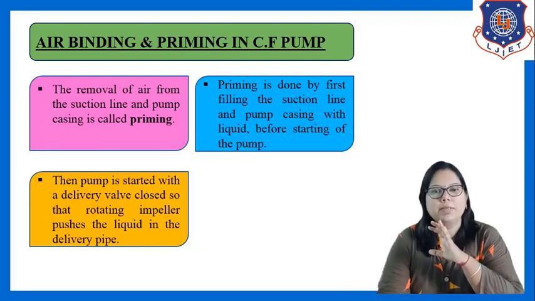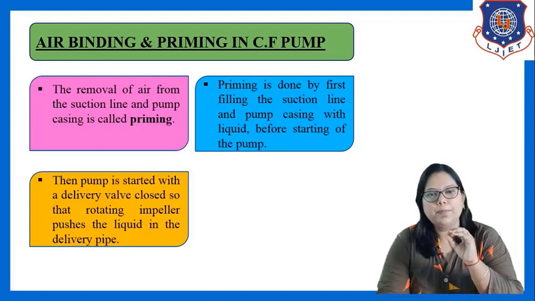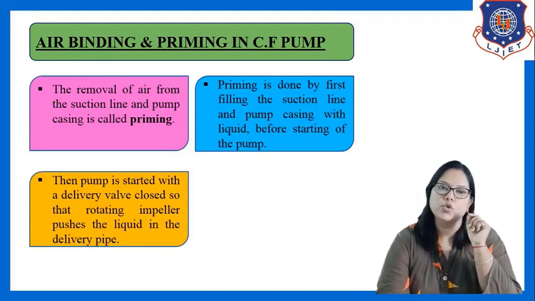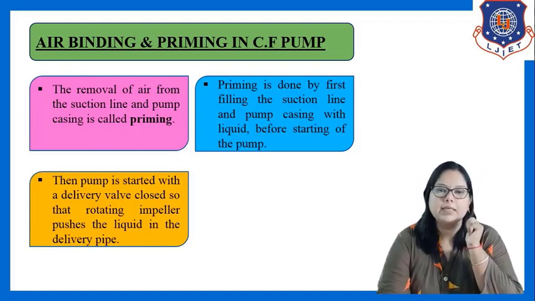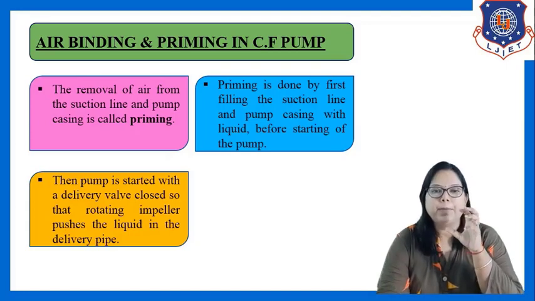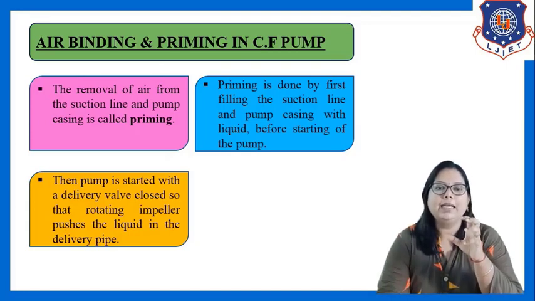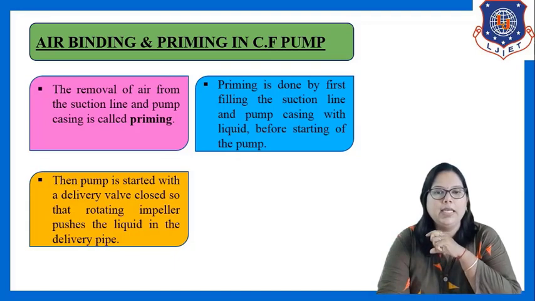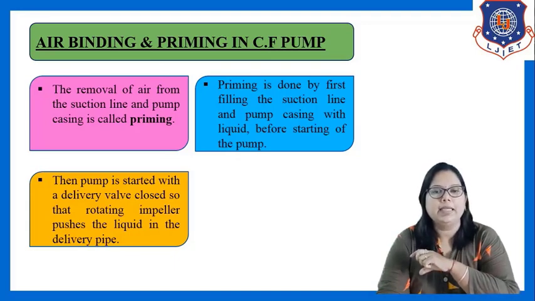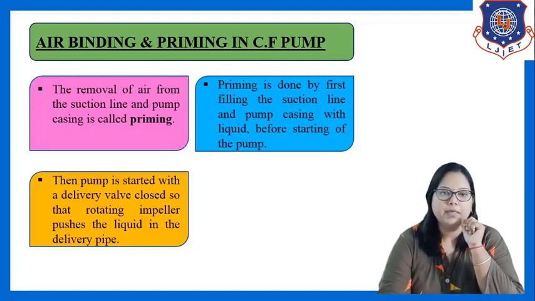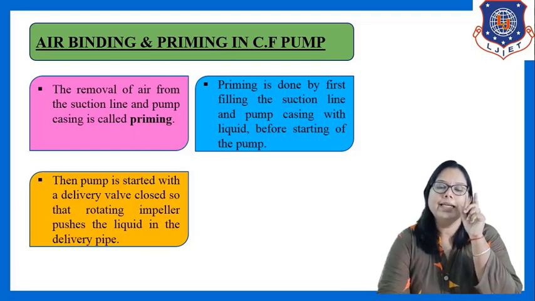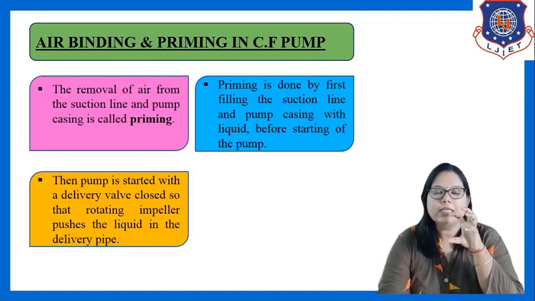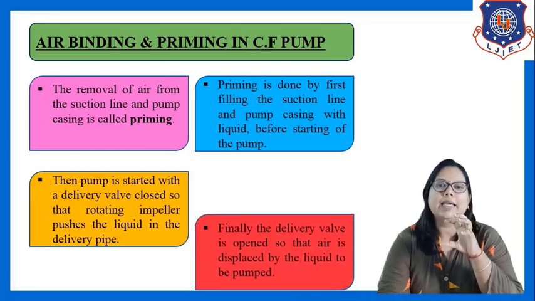Imagine that situation that at the starting of the pump, the delivery valve is closed. The pump impeller is started. So what will happen? The pressure is developed, and due to pressure, the liquid from the suction line enters the pump impeller. But at that time the delivery valve is closed, so pressure is increased in the casing.